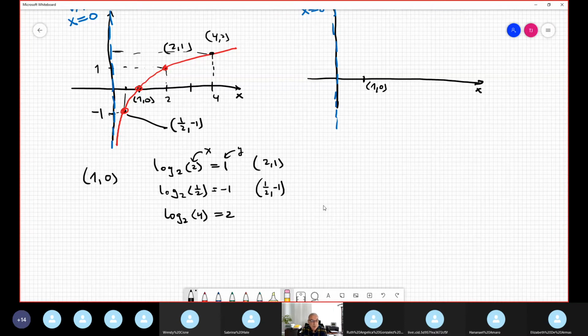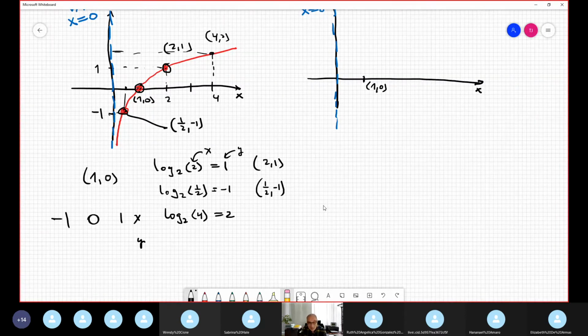But this is the most important point. Always in exponential and logarithm we use 0, 1, and -1. This is the classical point. In exponential we use the x value, and in the logarithm we use the y value. Look, this point is y equals 1, this point is y equals 0, and this point is y equals -1.